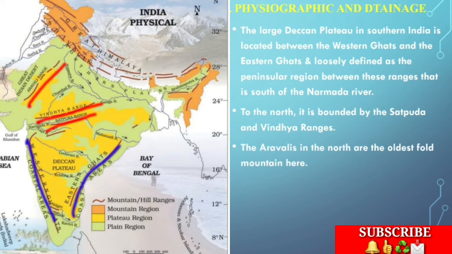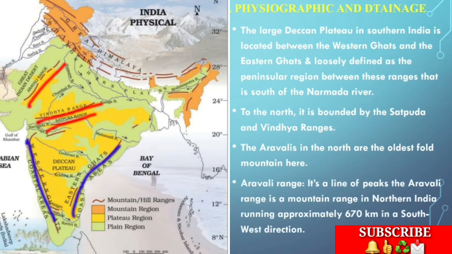The Aravallis in the north are the oldest fold mountains here. The Aravalli range is a line of peaks, a mountain range in northern India, running approximately 670 km in a southwest direction.